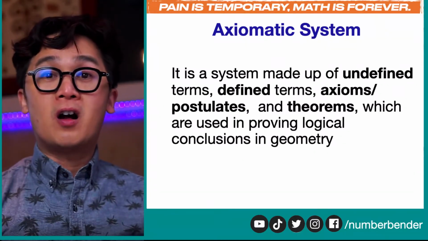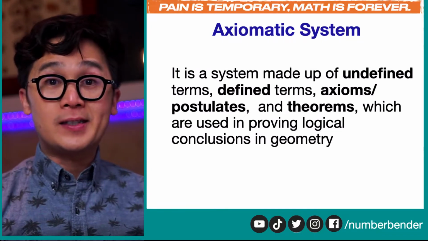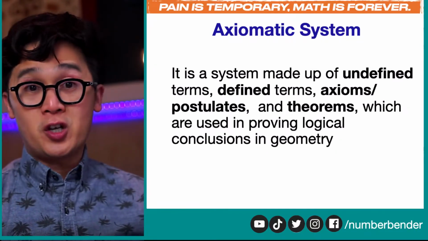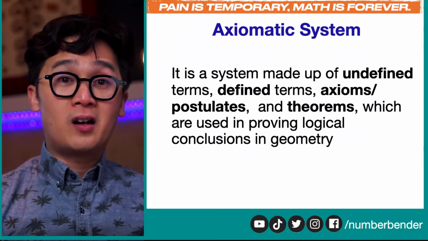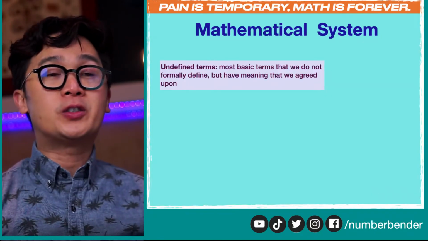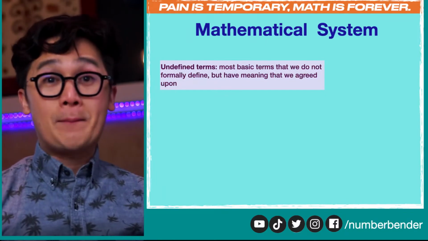This is what we call an axiomatic system, also known as a mathematical system, which is used in proving logical conclusions in geometry. We are using logic in any conclusion that we arrive at in mathematics. So how are we going to make a more systematic approach to how we think mathematically?